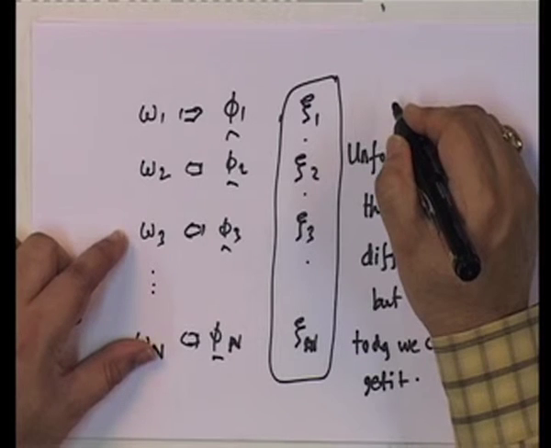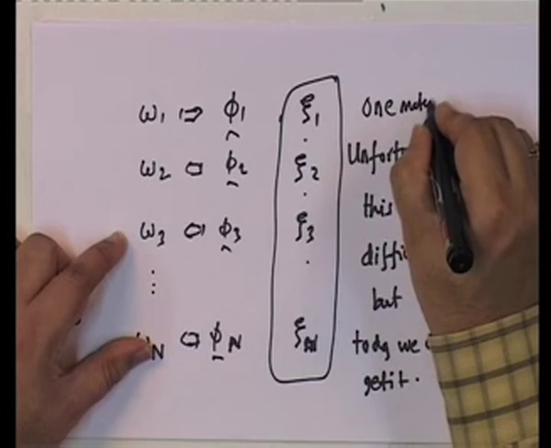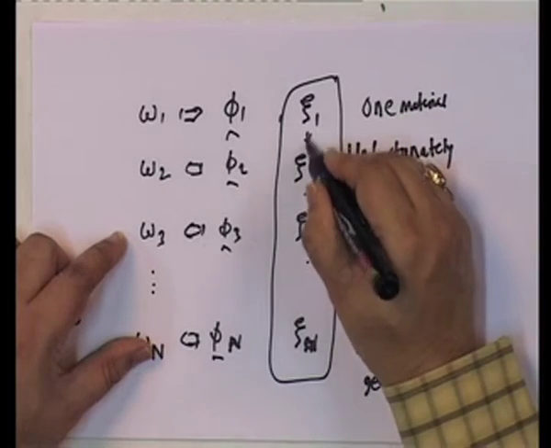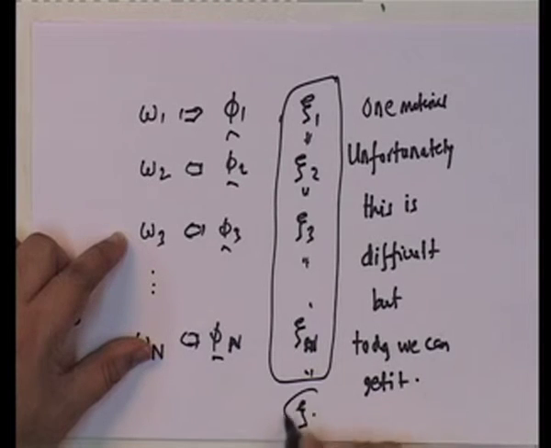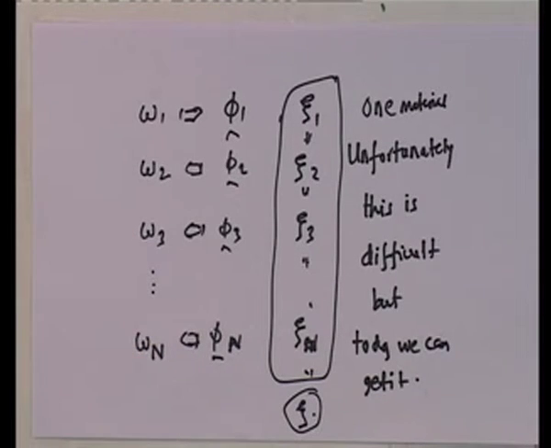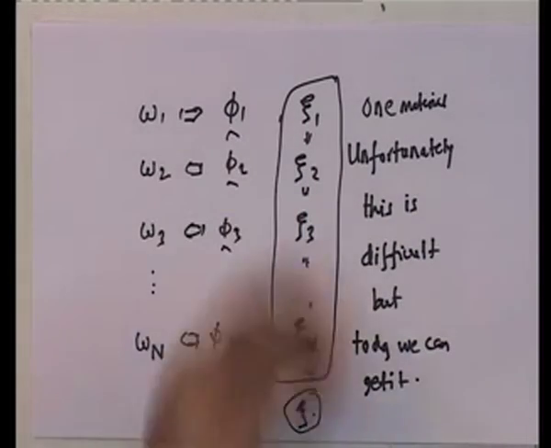So, if we are using one material, then we should say that these are all equal to each other and equal to xi, which is the material's xi value. Although we can get it for every frequency, I will not get into that right now.